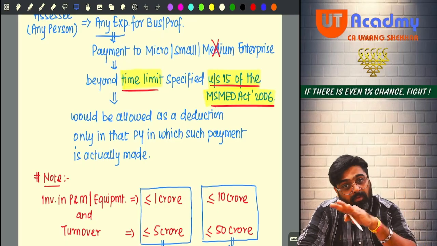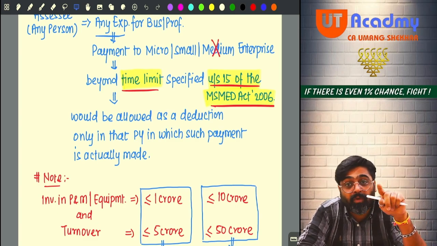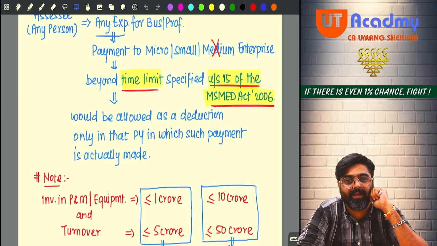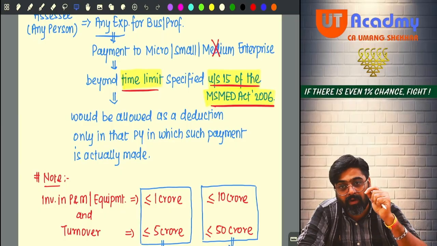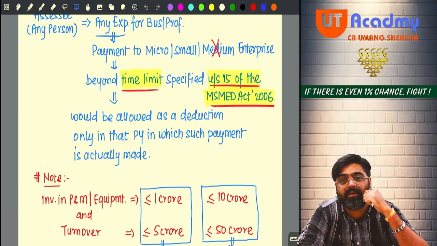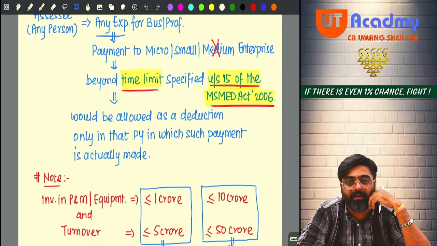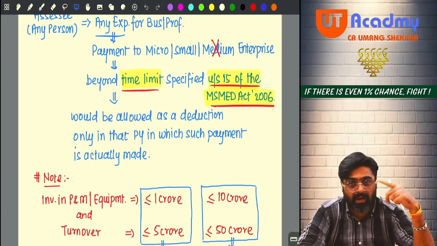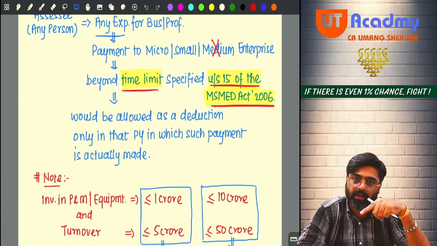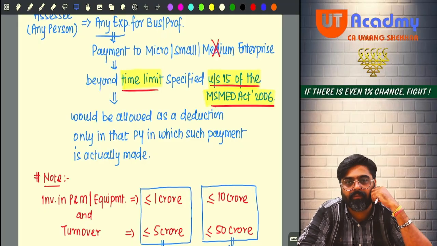You pay on or before that day, then no problem, no disallowance, it will be allowed. But if you don't pay on or before that day, then even if you follow the mercantile system of accounting, it will not be allowed as a deduction in this year. You are paying beyond the due date, beyond the time limit. So when you are paying next year after the time limit, claim it as a deduction in the next year. This year it will be disallowed.